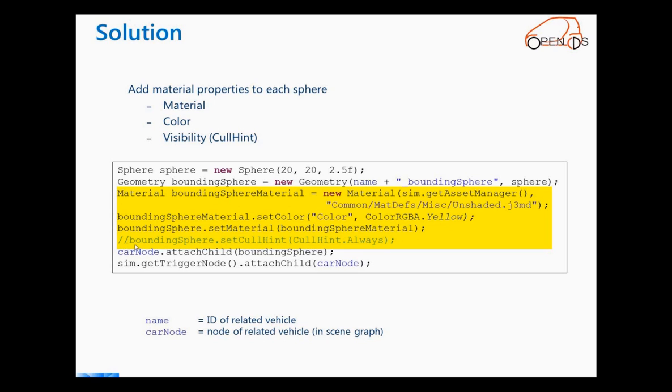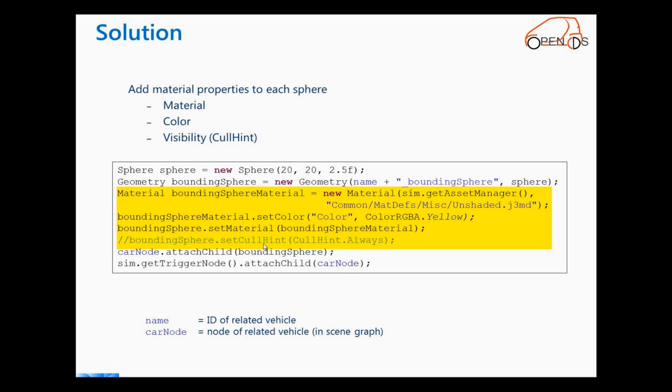The line you could see here, which is commented out, will make the sphere invisible. But for debugging purposes and for the visualization during this webinar, we will keep it that way so that you can see later on the bounding boxes moving amongst the car.